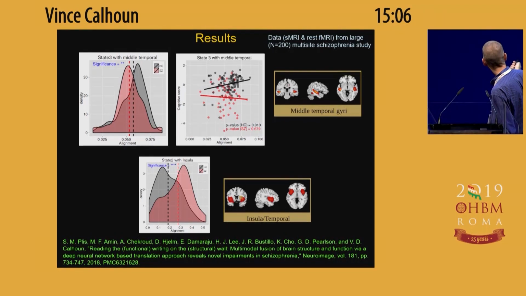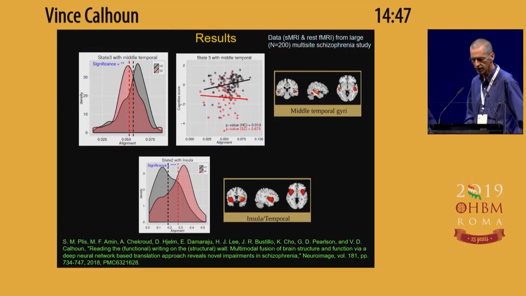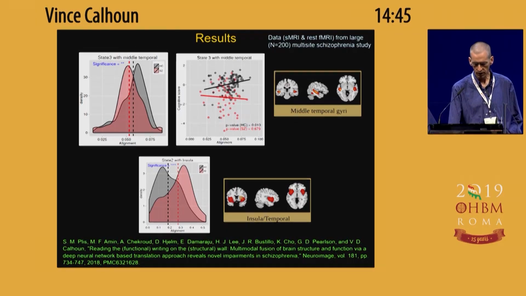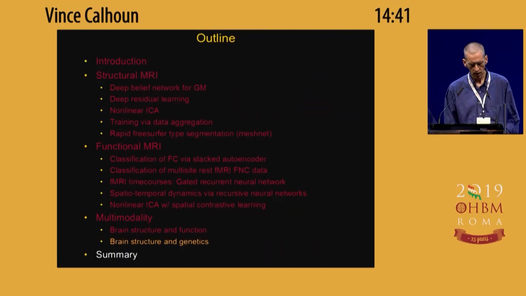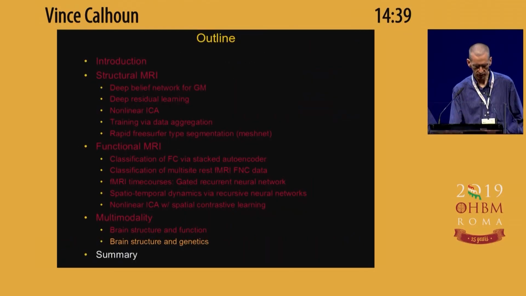What we see here is that middle temporal gyri is strongly linked or aligned to state 3 in the dynamic functional network connectivity approach. And that alignment also correlates with cognitive score. So there's a lot of interesting features here, and I think we're still unpacking how to interpret it and what it really means. But I think this kind of work is really important.